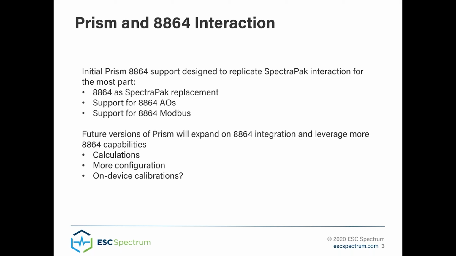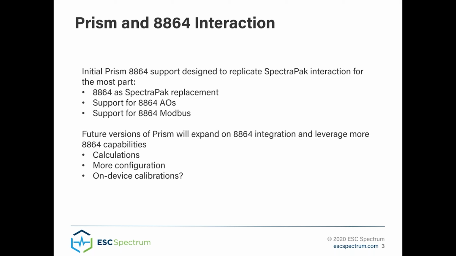We replicate how the 8864 collects data through the well-known paths we'd already built for the other devices as well. So 10-second samples, everything like that, follow the same code path to minimize any adverse side effects.